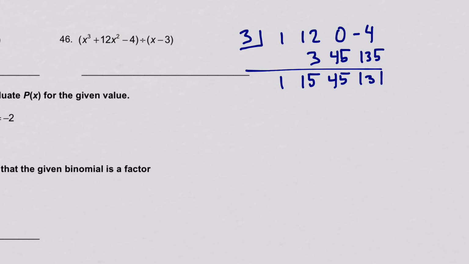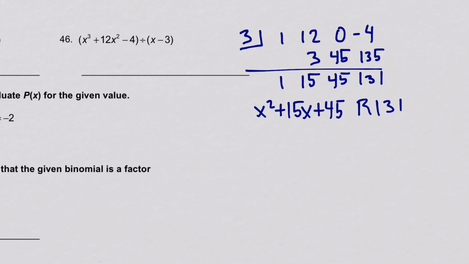Your solution should look like this. The 1 right here, that's x squared. The 15 is 15x. And the 45 is by itself. And the remainder is 131. Okay? So what we do is we write remainder 131, but that looks awkward. We don't like writing that anymore.